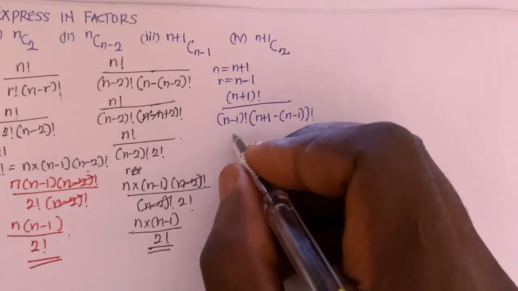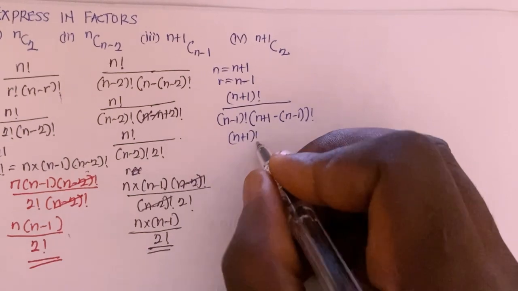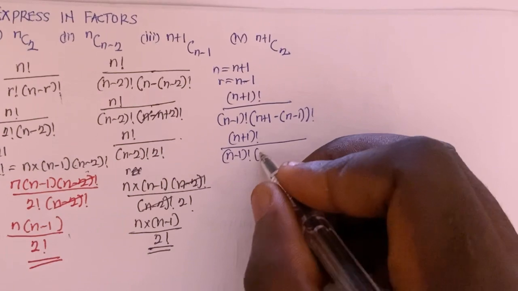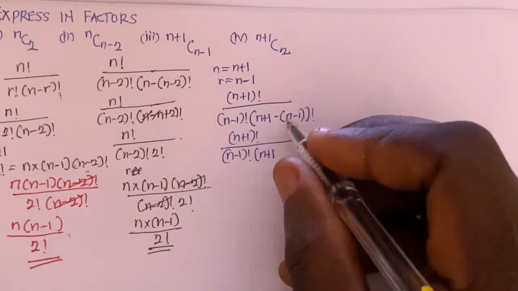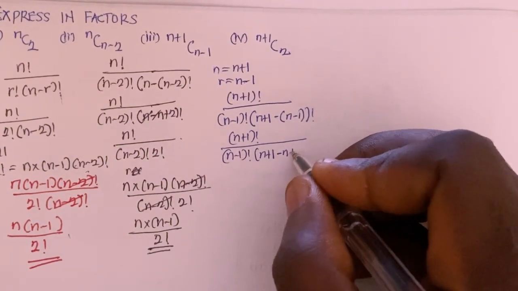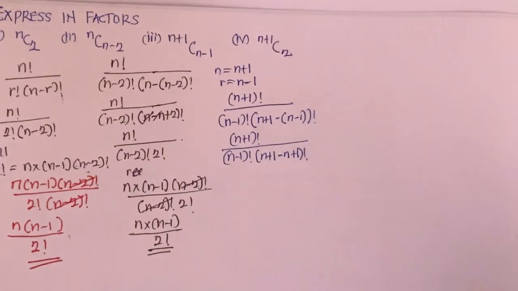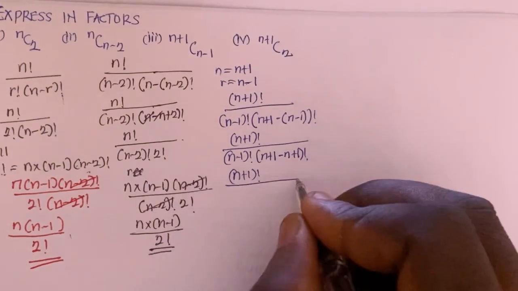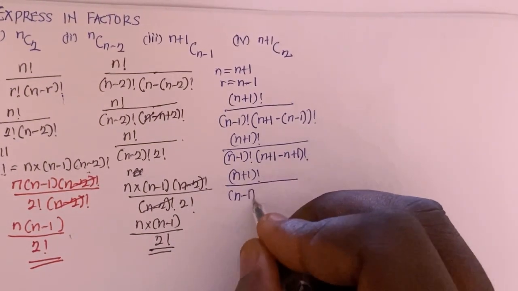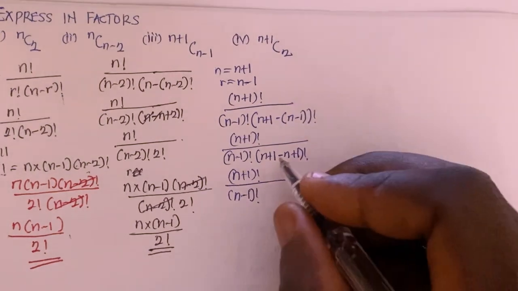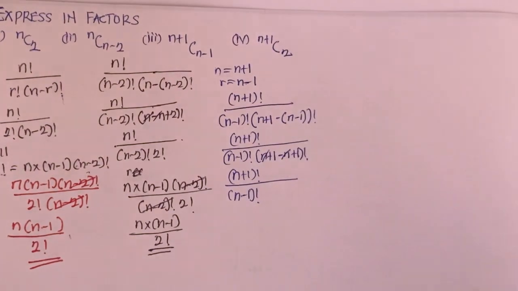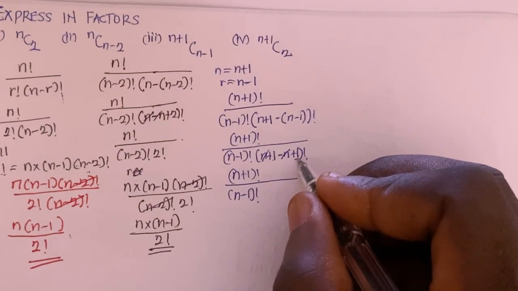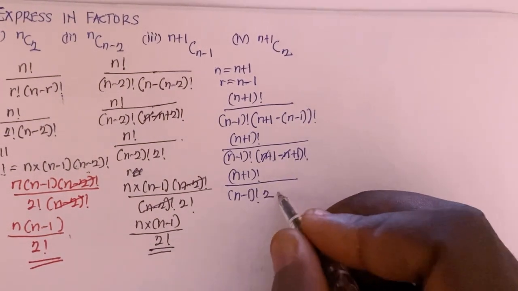If you simplify this, we have n plus 1 factorial divided by n minus 1 factorial into bracket n plus 1 minus n plus 1 factorial. The n cancels the n, then plus 1 and plus 1 is 2, factorial.